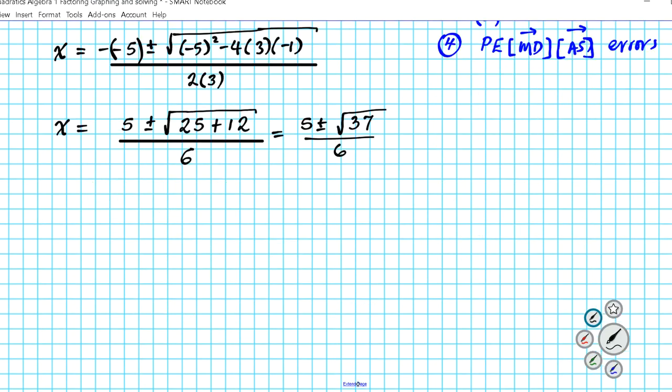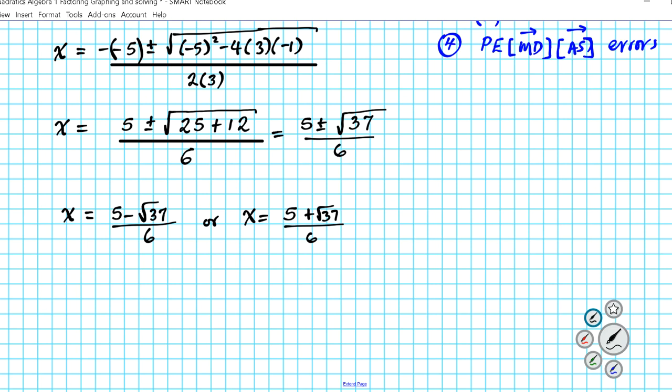Okay, so we have two roots to this quadratic. Can you see what the two roots are? Well, let's show you what they are. So your roots are, the first one is 5 minus the square root of 37 over 6, or the second one is 5 plus the square root of 37 over 6.